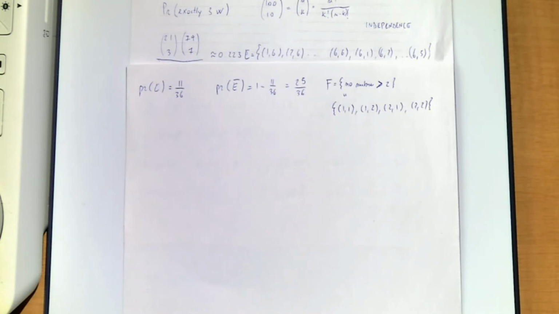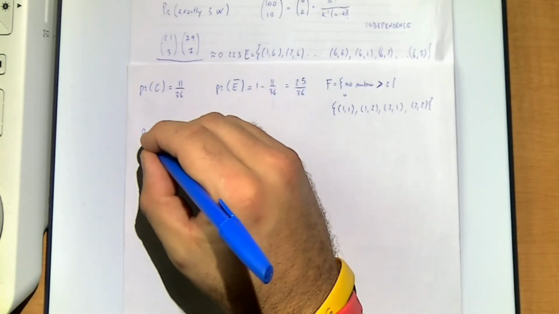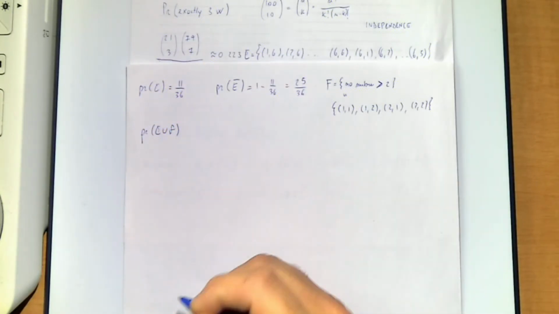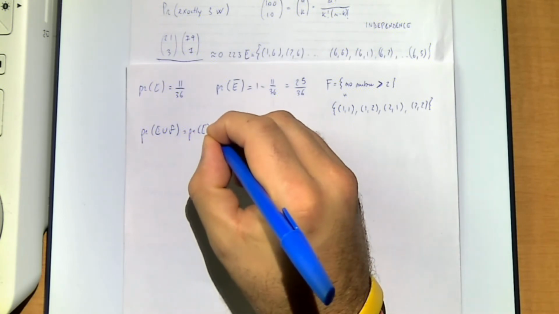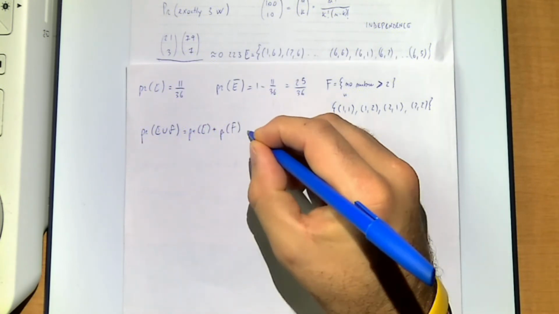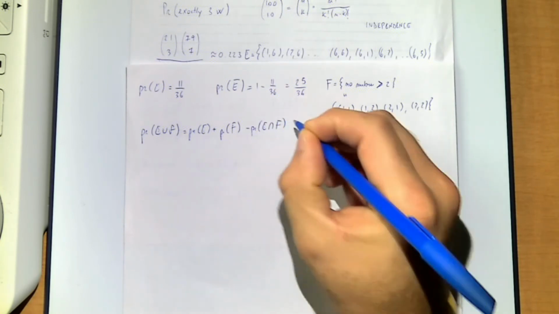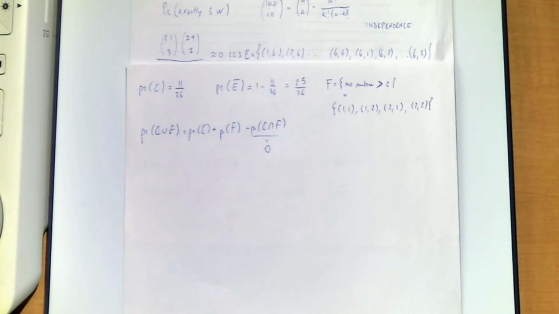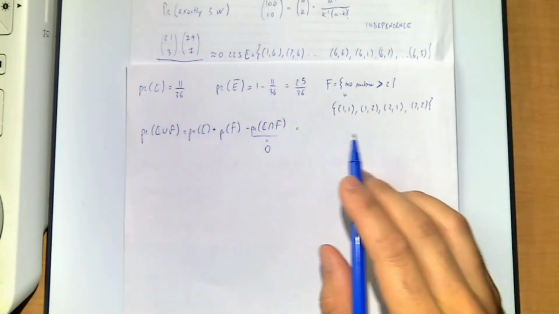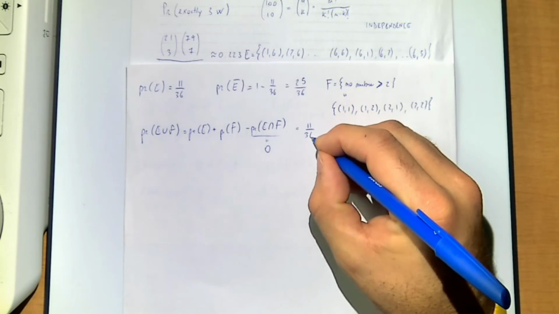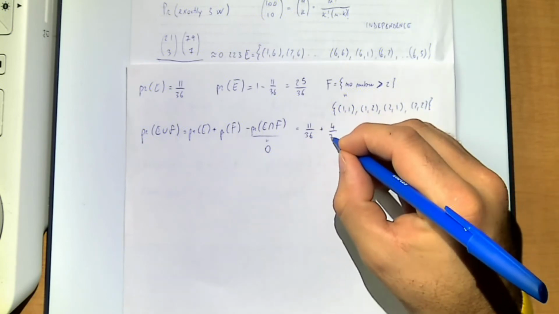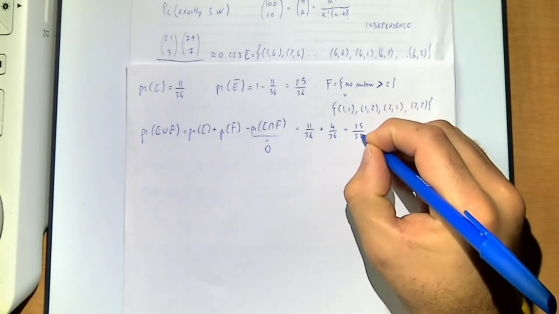But in this case, you can actually see explicitly that the two events are disjoint, and therefore the probability of, say, either rolling a 6 or otherwise failing really badly, say not rolling bigger than 2, is the probability of E union F, which is probability of E plus probability of F minus probability of E intersection F. This is equal to 0 because the two are disjoint, and so we get 11 over 36 plus 4 over 36, so 15 over 36.